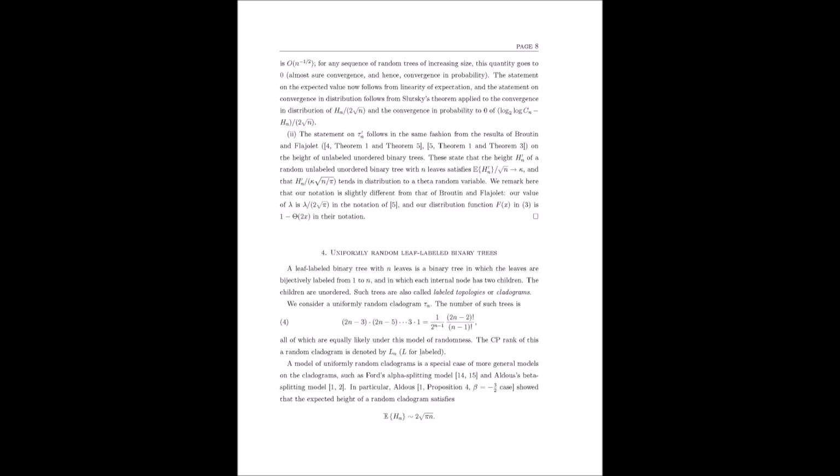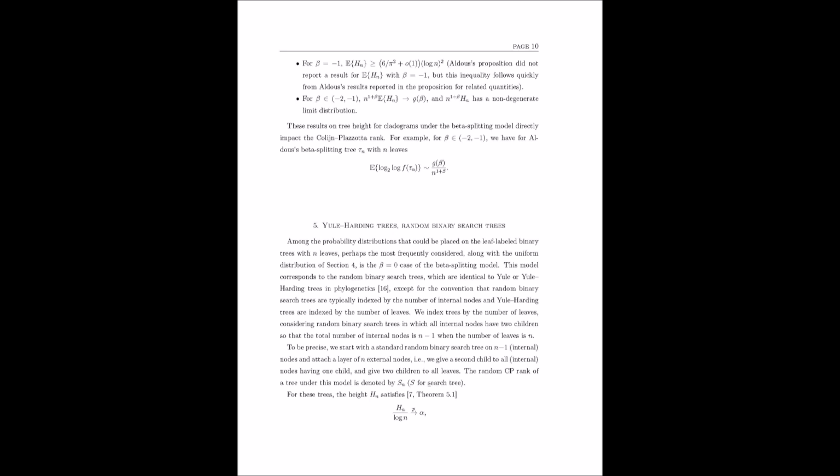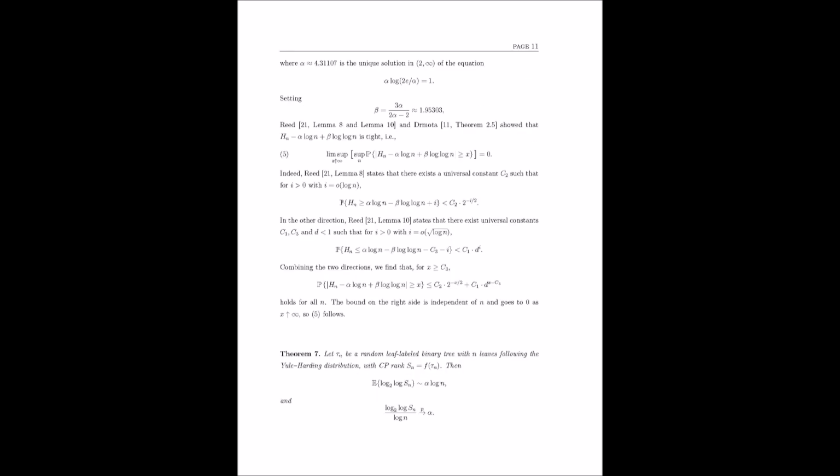naturally. That's wild. But before we get ahead of ourselves, can you walk me through how this CP rank is actually calculated? You mentioned something about recursion. Absolutely. Let's say we've got a small tree with 3 leaves. To calculate its CP rank, we first look at the ranks of its left and right subtrees. We always arrange it so the left subtree has a higher rank than the right.